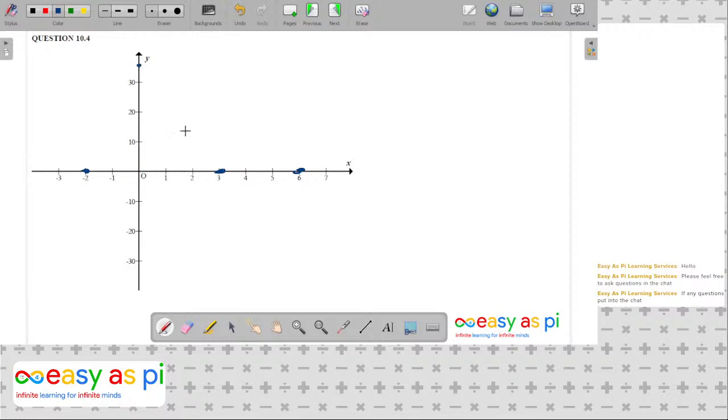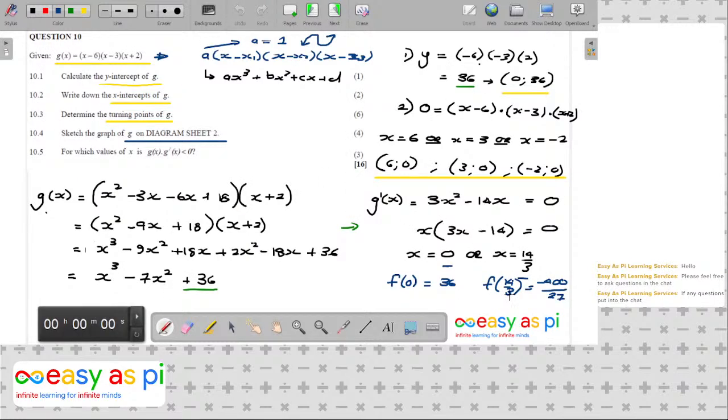Then the turning points. We know that there's a turning point here, so this graph is going to come up like this, turn, and then start to go down. Then it's going to hit the next turning point, which would have been at 14 over 3, which is just over 3, and minus 400 over 27.